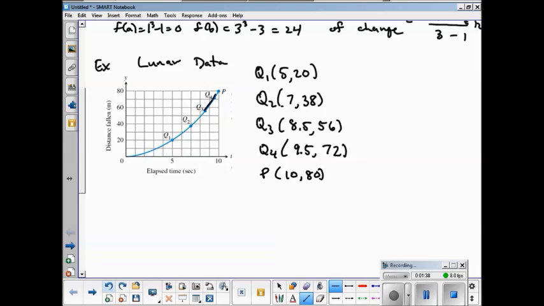And then from here to here, and lastly from here to here. So we're going from Q1 to P, Q2 to P, Q3 to P, and Q4 to P.